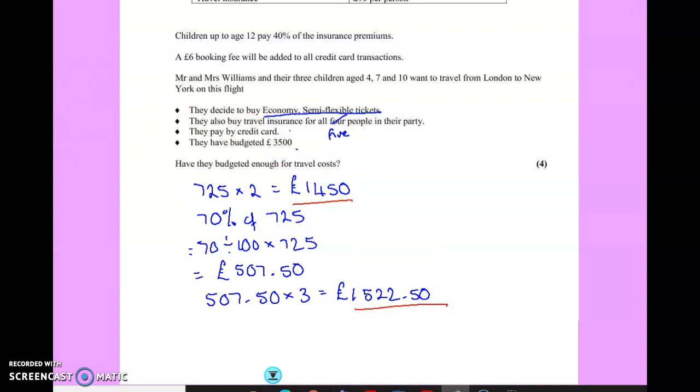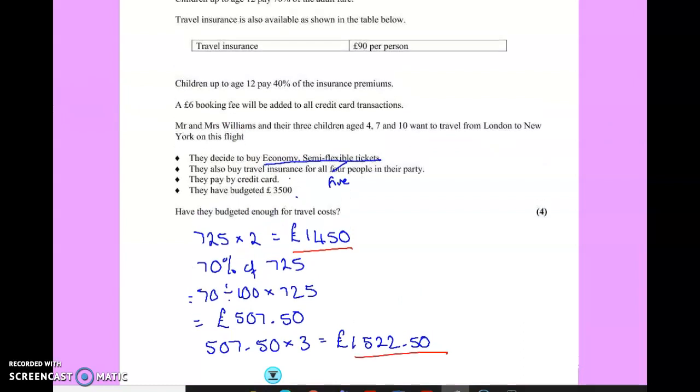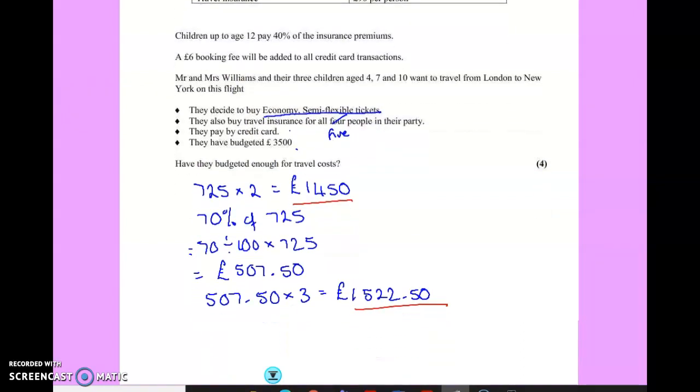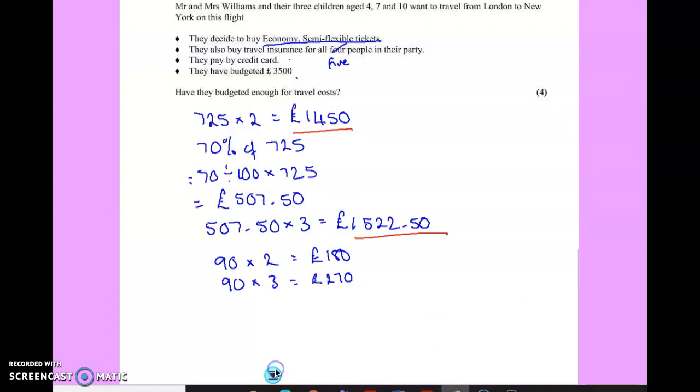Let's keep going. They also want to pay for insurance. Insurance is £90 per person. So I've got my 2 adults, which would be £180. 3 children, do it the other way this time, would be £270, but they only pay 40% of that.